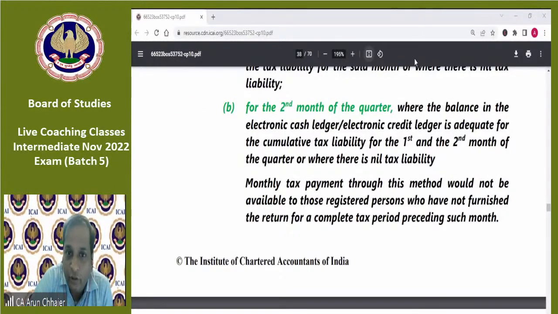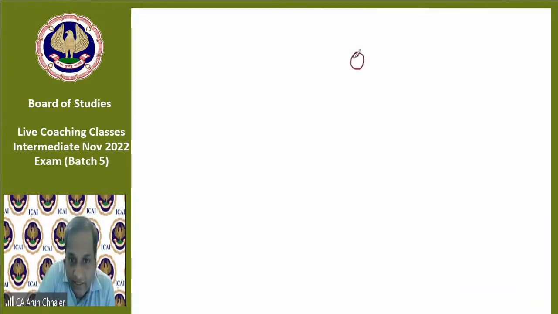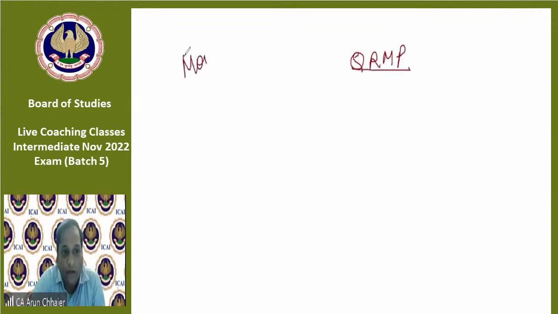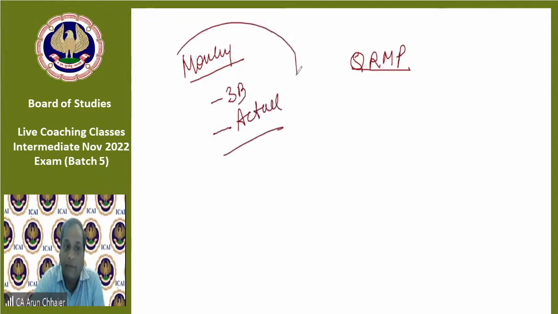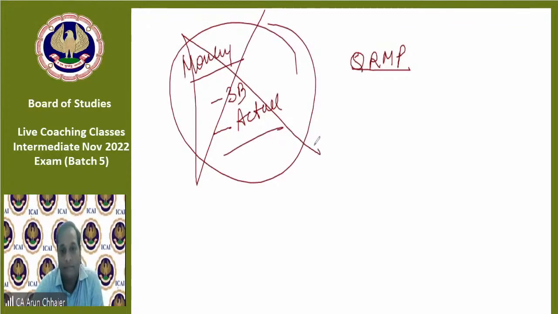One point is clear that this method is available only for QRMP. If you are under monthly, then you will file GSTR 3B on a monthly basis, right? Then you will calculate the actual liability while filing the 3B and pay the same. There is no such method for monthly.